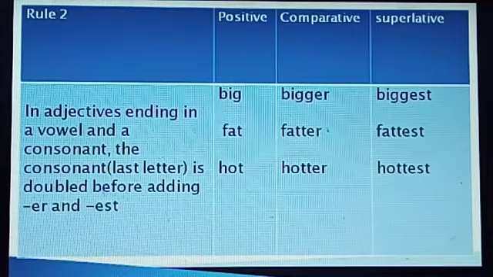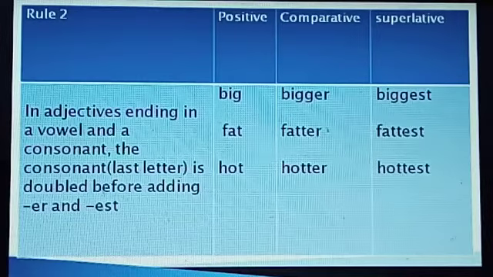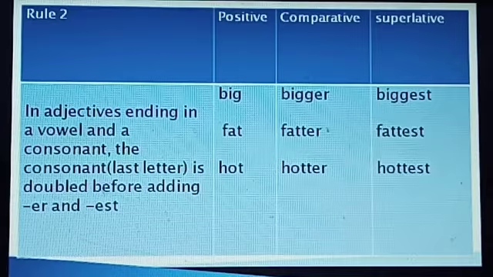Like in big, G, we will make it double. I is a vowel and G is a consonant. We will make G double, like in bigger and biggest also, and in this way we form the comparative and superlative degree, like in big, bigger, biggest; fat, fatter, fattest; hot, hotter, hottest.